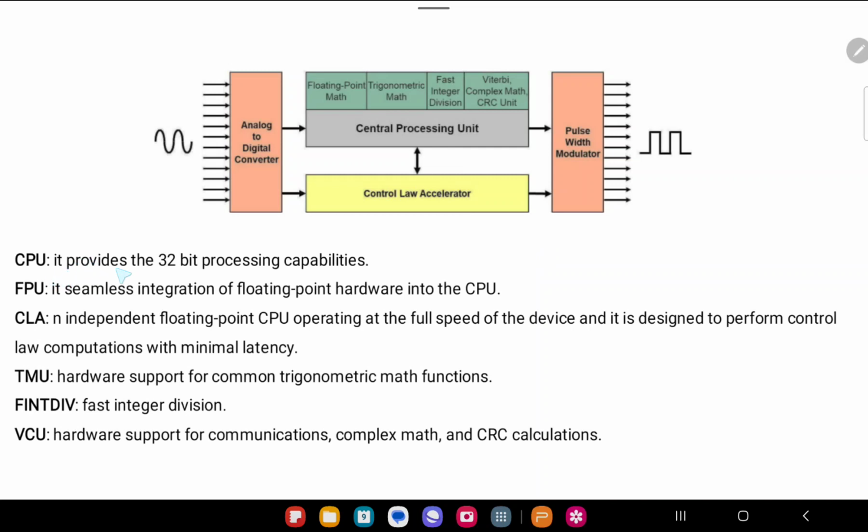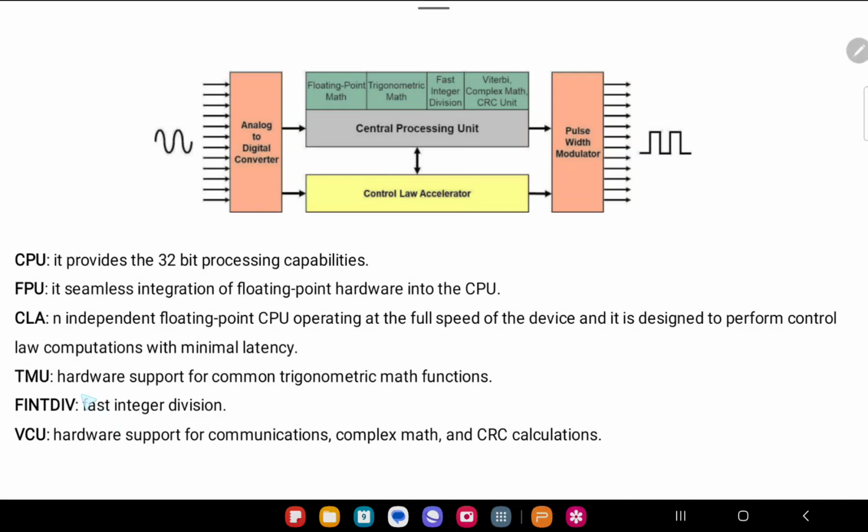Okay, so the 32-bit CPU provides 32-bit processing capability. As we have discussed, the floating point math unit is a seamless integration of floating point hardware into the CPU. The CLA is a floating point CPU operating at the full speed of the device, independent of your CPU, and it is designed to perform control law computations with minimum latency.